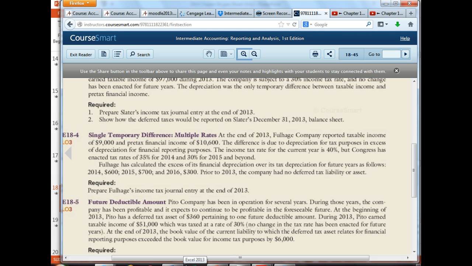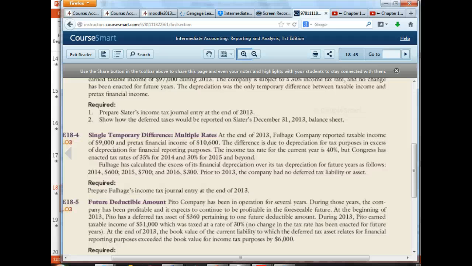So here we've got, at the end of 2013, Foliage Company reported taxable income of $9,000 and pre-tax financial income of $10,600. The difference is due to depreciation for tax purposes in excess of depreciation from financial reporting purposes. The income tax rate for the current year is 40%, but Congress has enacted tax rates of 35% for 2014 and 30% for 2015 and beyond.